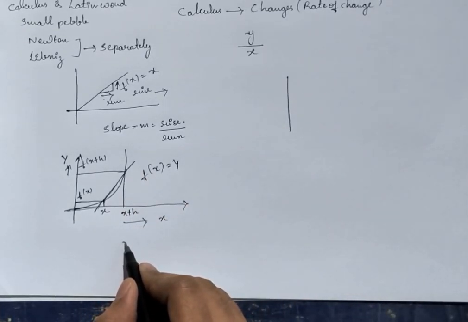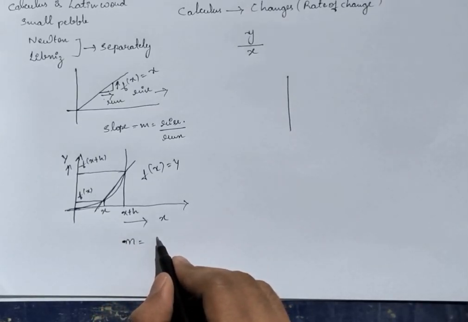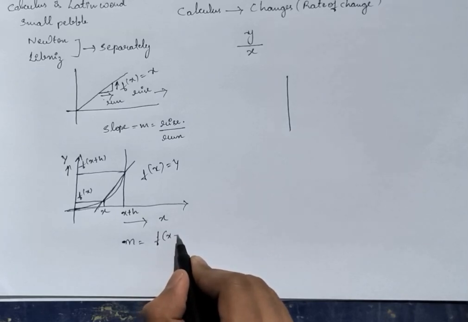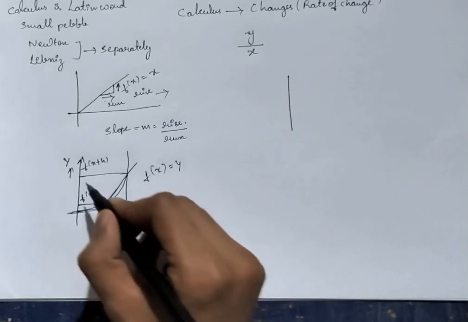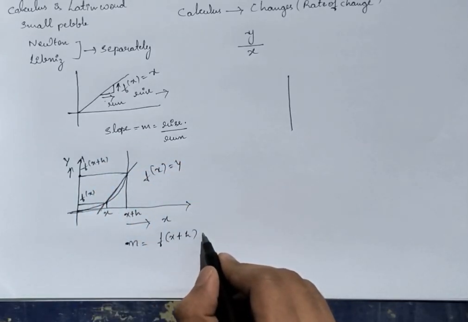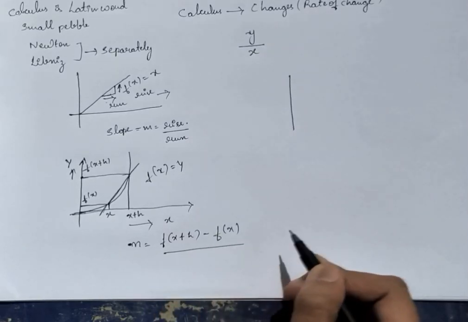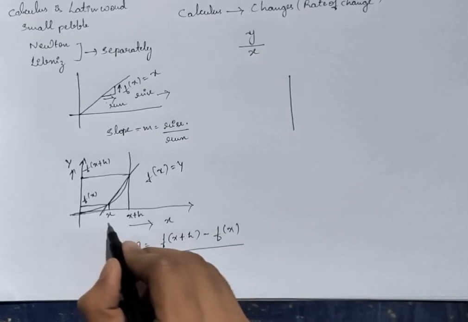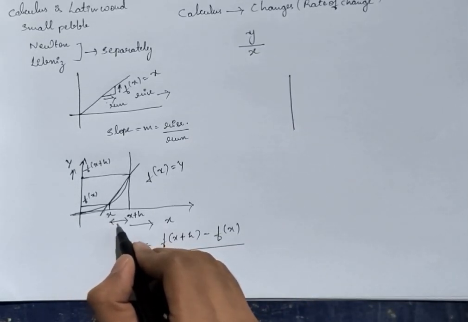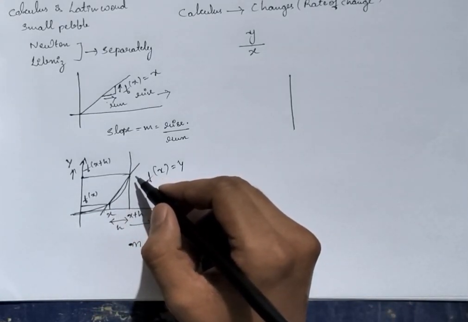It is m equals f of x plus h minus f of x, divided by h, this distance. This is the slope of this line.